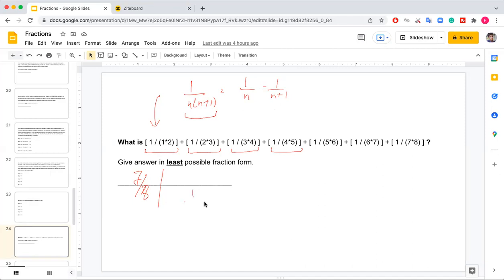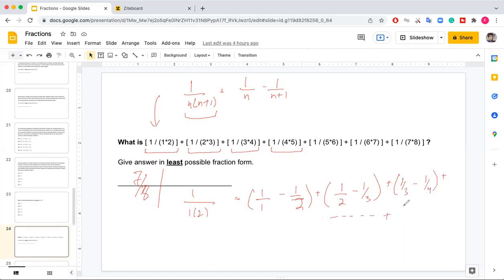First one is 1 over 1 into 2. You can write this as 1 over 1 minus 1 by 2. The next one will be 1 by 2 minus 1 by 3, right? The next one will be 1 by 3 minus 1 by 4, and so on.